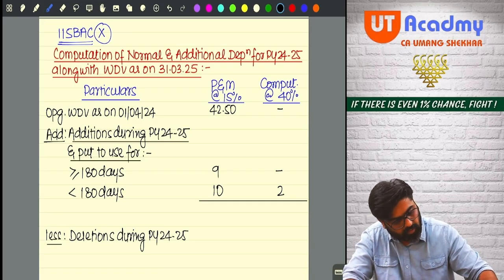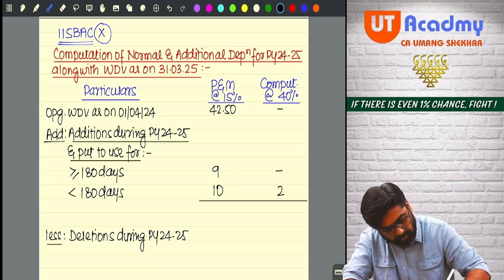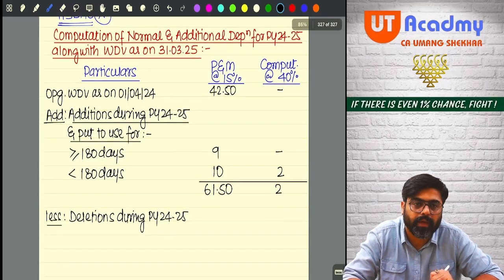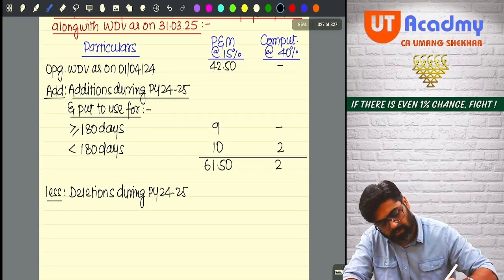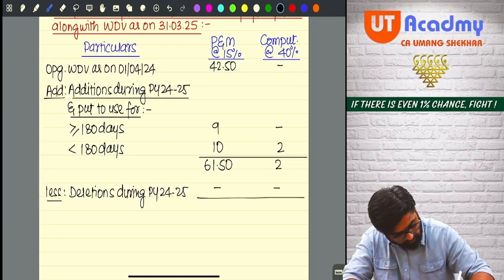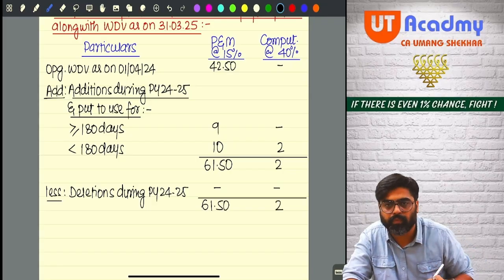So, 42.5 plus 19 will give me 61.5. And here it will be 2. Okay. Now pay attention. No deletions during the year. So the value will be 61.5 and 2.